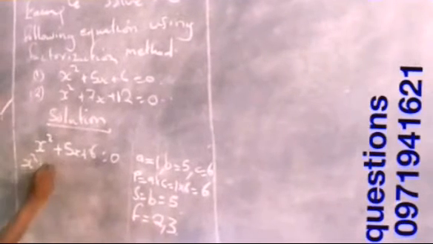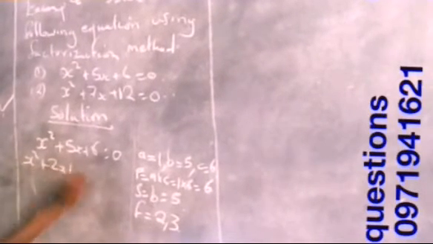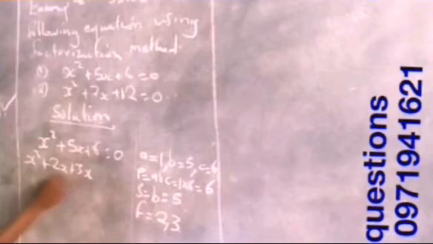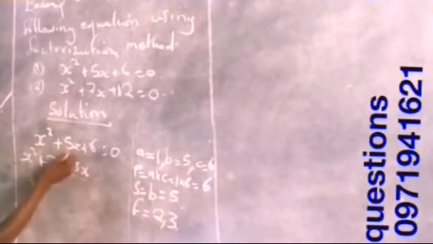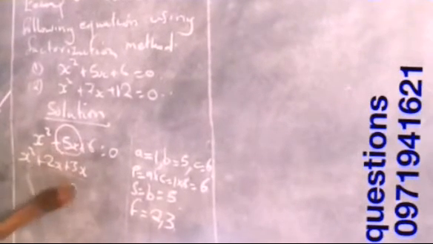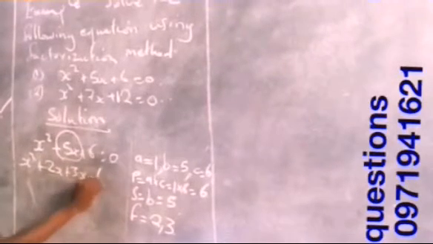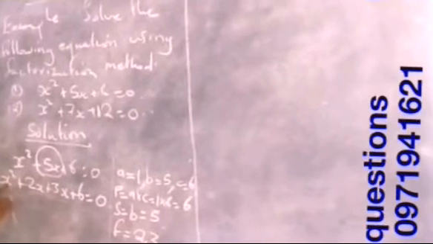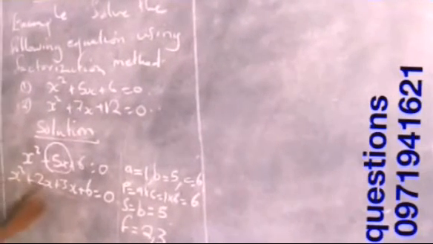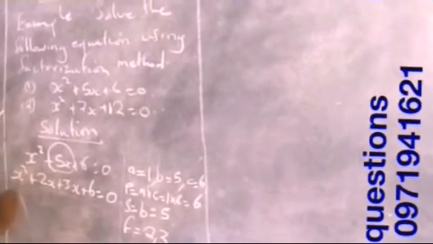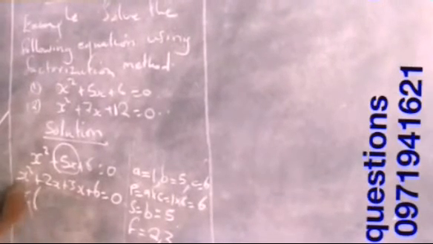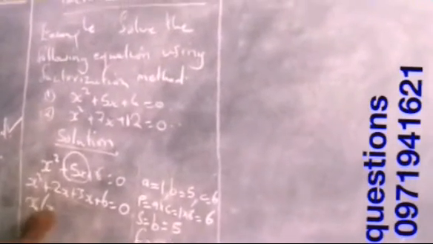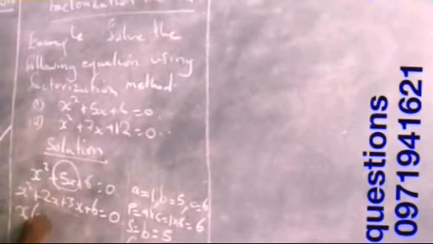So we substitute b with those numbers: x squared plus 2x plus 3x, these two numbers coming in place of b, plus the constant 6, which gives us 0. Now we factorize. What is the common factor between x squared and 2x? x is common. x into x squared is x. x into 2x is 2.